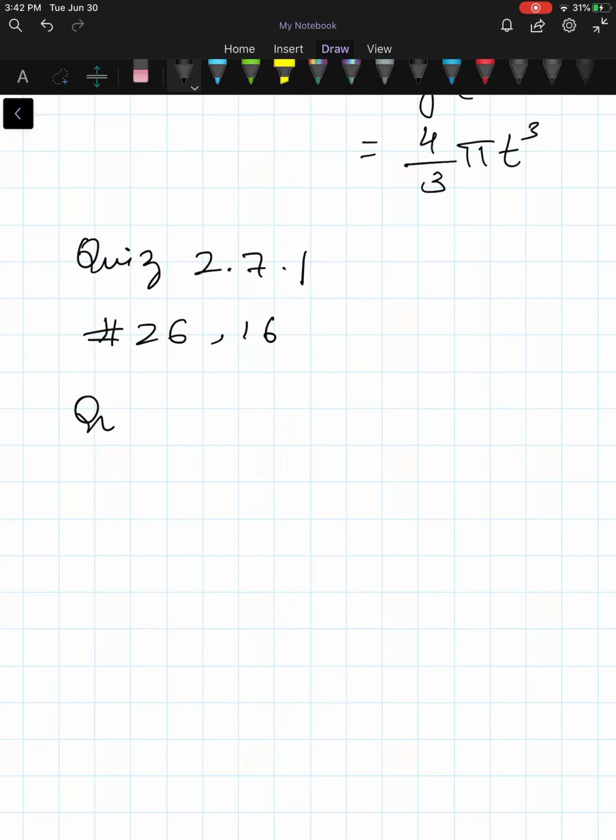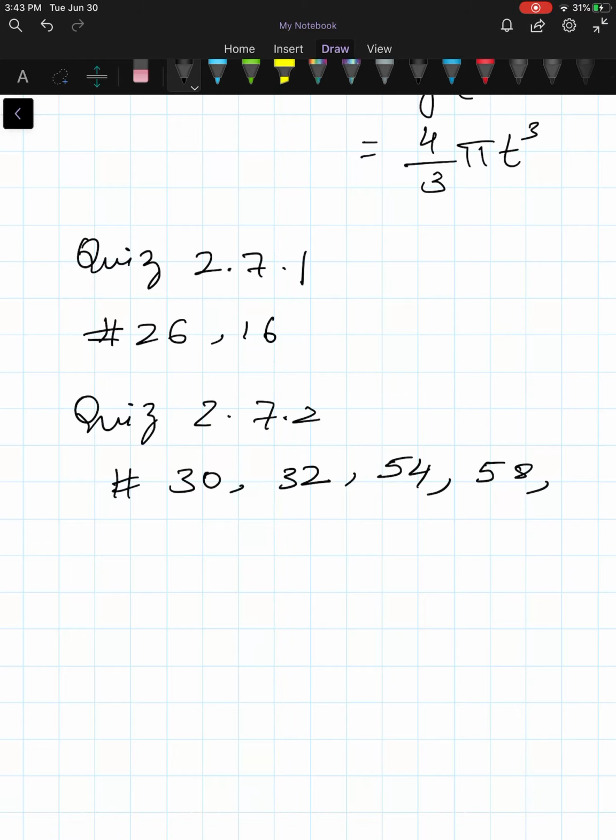And quiz 2.7.2 is problem number 30, 32, 54, 58, 60, 64 and 72.